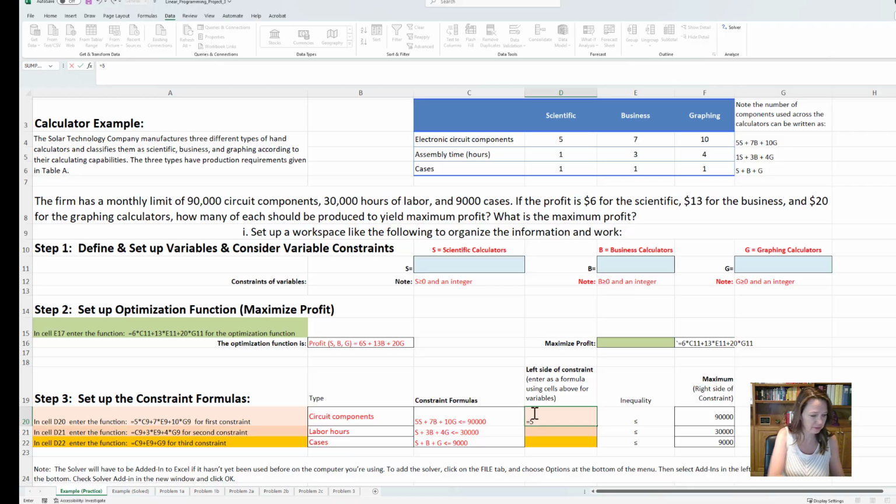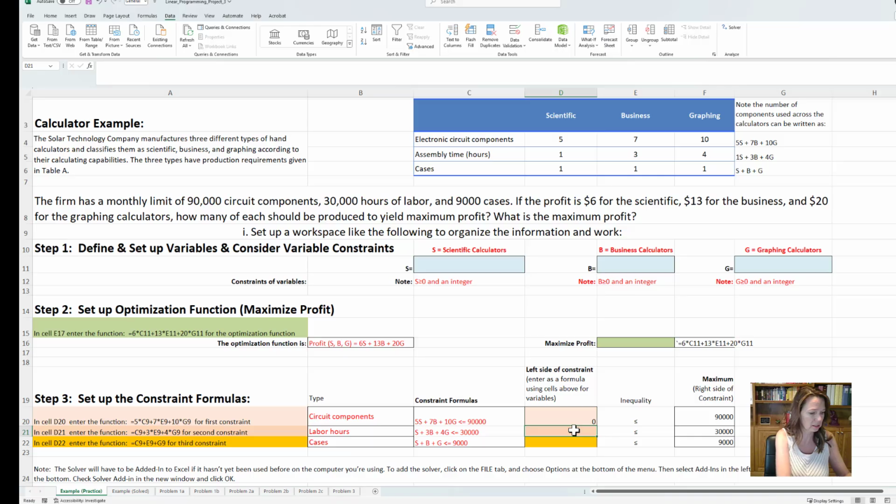Well, I'm going to put 5 times, and instead of s, I'm going to put the location of my S variable. In this case, that's C11 plus 7 times my B cell plus 10 times G. Okay. That's currently 0 because I have nothing in my S, B, and G, and we're going to have the solver actually put those inputs in. I do want it to be less than or equal to, and then 90,000.